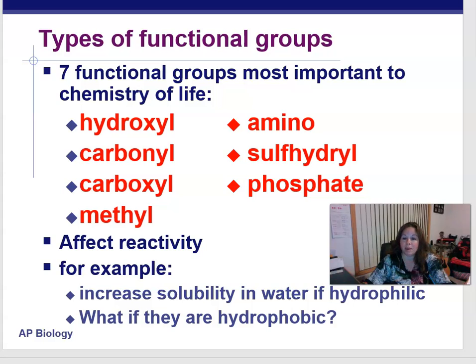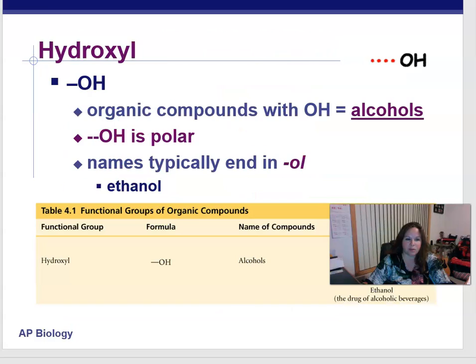I want you to make flashcards of these with also their molecular formula and their drawing so that you can recognize them. And you'll need to know these for the whole rest of the year. And you don't have to memorize all this stuff. I just want you to be able to recognize the functional group. So the OH we've already done.